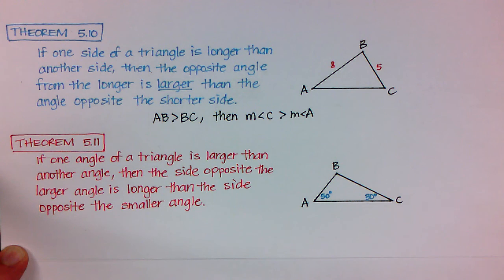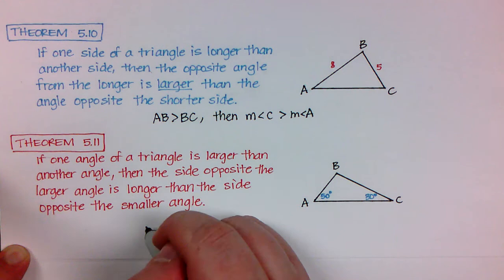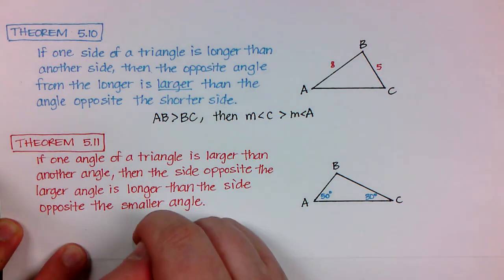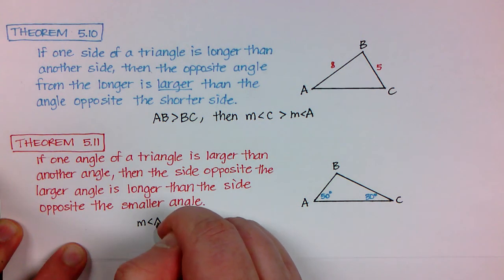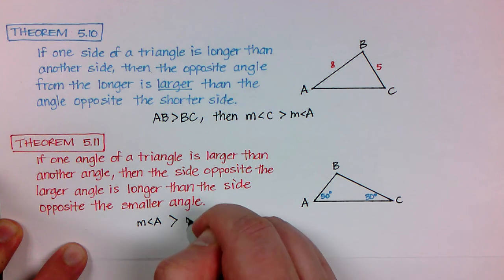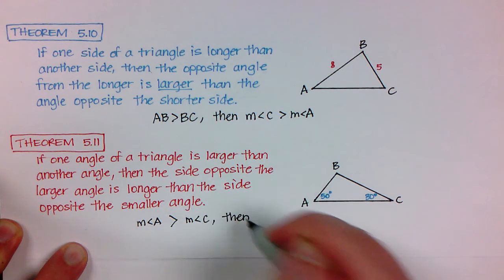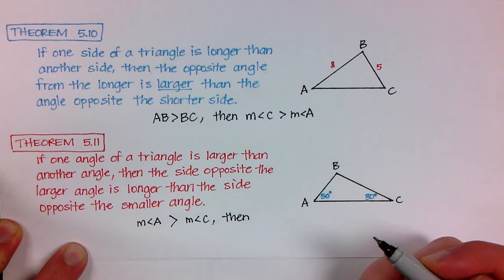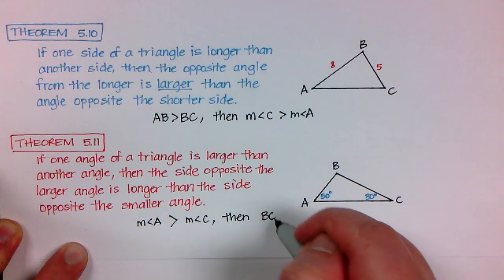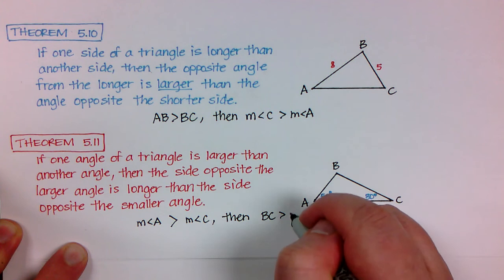So this time we're given two angles, and if we know that one angle is bigger than the other, then we know that the side opposite the larger angle is going to be longer than the side opposite the smaller one. So in this case, we are told that the measure of angle A is greater than the measure of angle C, and so if that's the case, then BC, in this case, is going to be bigger than AB.